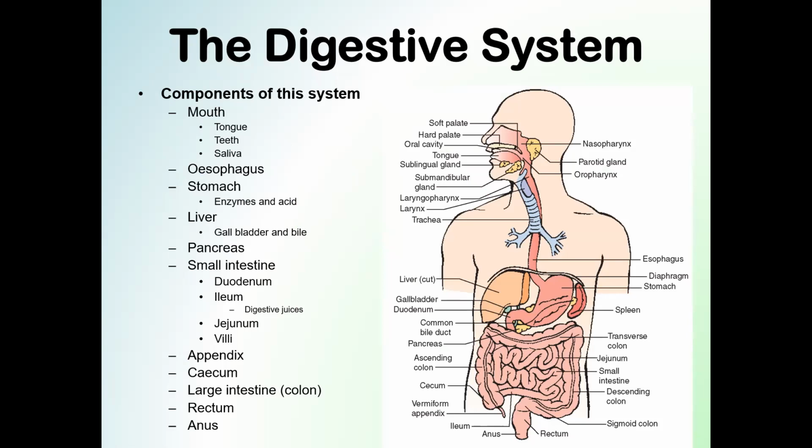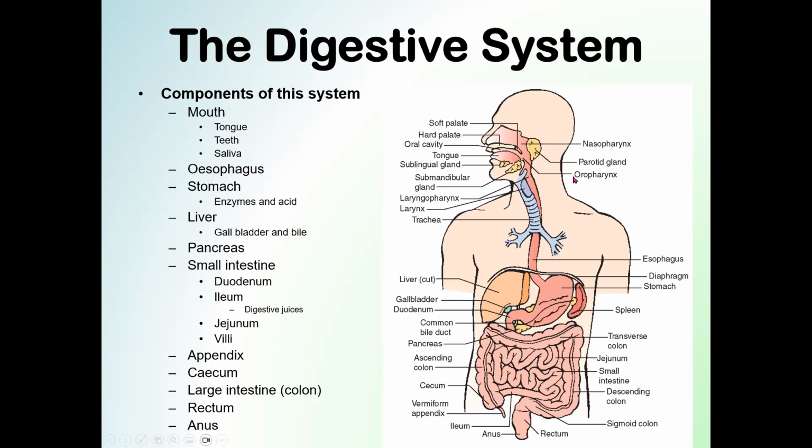So we have the mouth, the teeth, the tongue, saliva, and the esophagus that carries the food from the mouth to the stomach. The stomach has acids and enzymes. The liver is not directly part of the digestive system, but it produces bile, and I'll get to that.